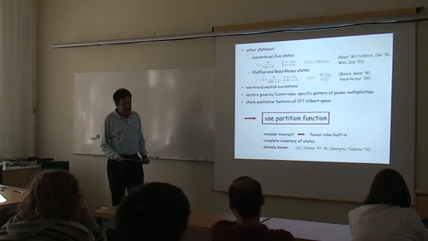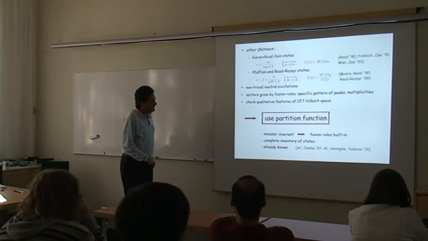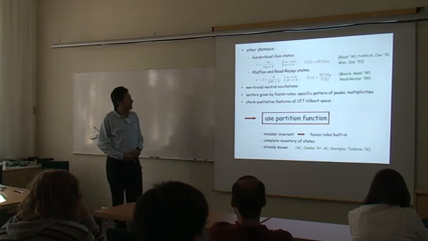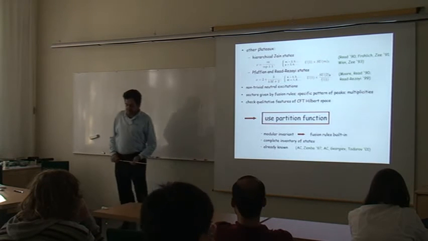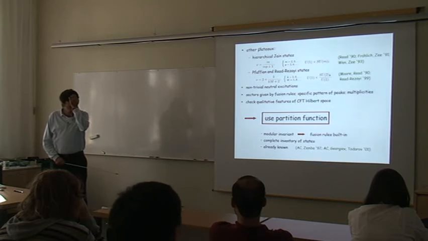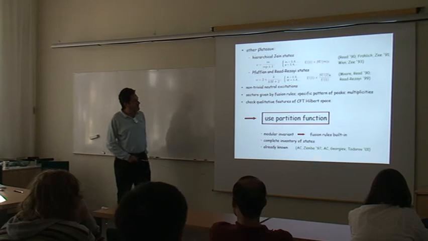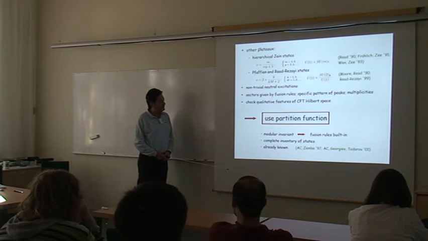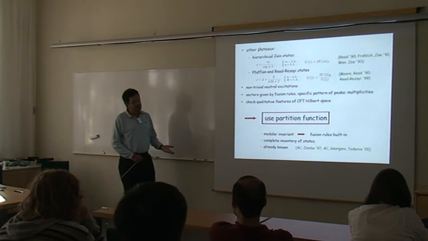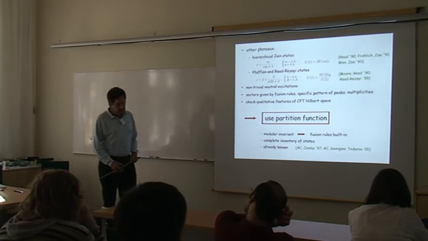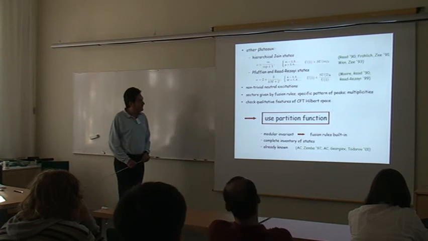So my main point is that if you use the partition function, you will find out these Coulomb peaks in a very easy way. And the partition function is a known business of conformal field theory, and the main point is that the partition function should be modular invariant, and there is a relation between modular invariance and the fusion rules that was found by Verlinde and by other people.